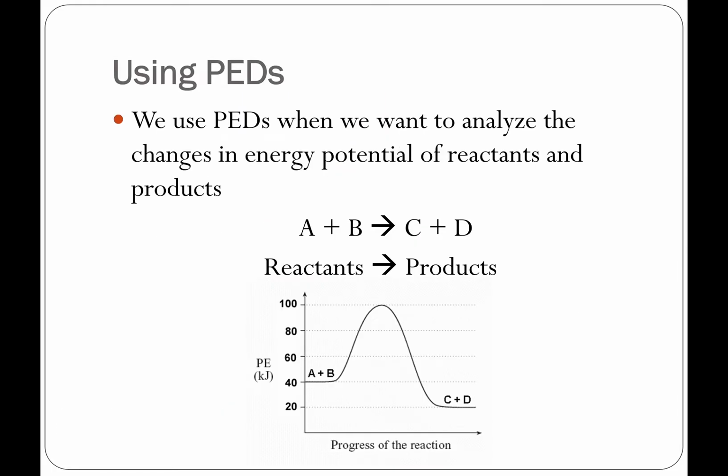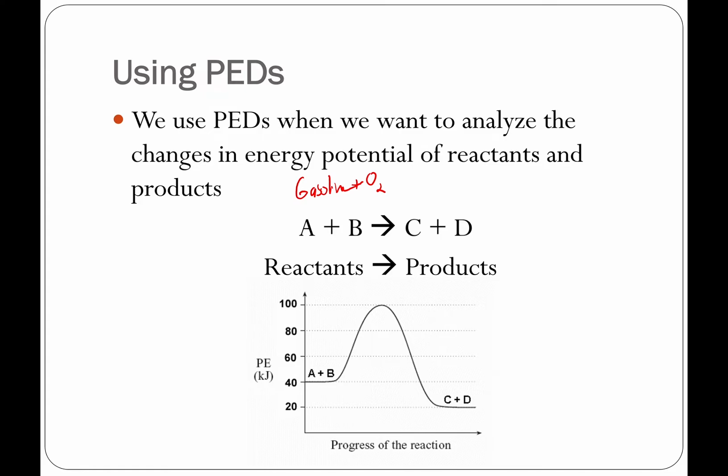So using PEDs, which are potential energy diagrams, we use these when we want to analyze changes in the potential energy of reactants and products. Think of something that has a lot of potential energy, like gasoline, which requires oxygen in order to react.